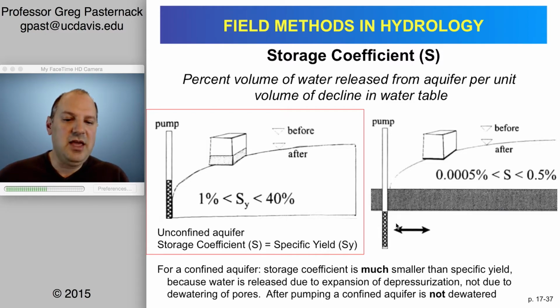But the problem here is that in a confined aquifer, the water isn't actually flowing down by gravity. Because remember, the confined aquifer doesn't actually dewater. Instead, what you have is a pressure gradient or a hydraulic head gradient, and the water is moving from an area of high pressure to low pressure.